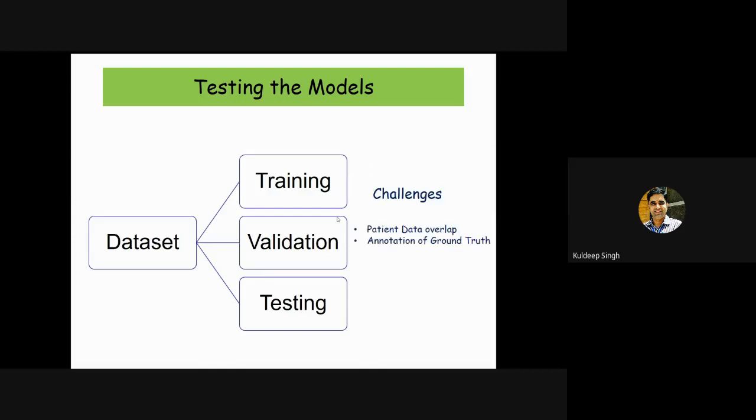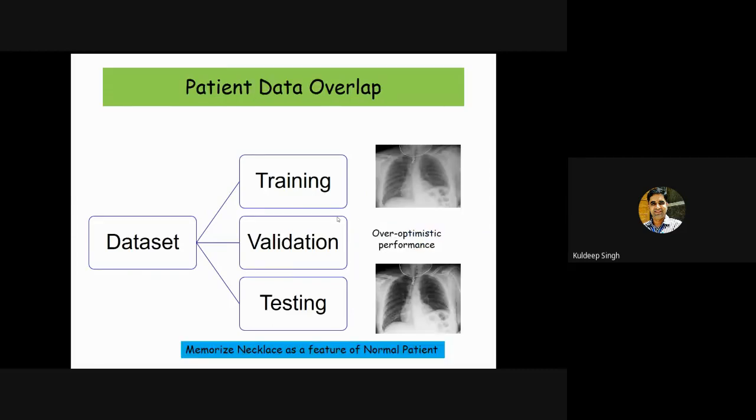What are the different challenges? One major challenge is patient data overlap. Suppose the same data from the same patient is part of training as well as testing. That could be a challenge. Then there is annotation of ground truth, like labeling of the data. Labeling of medical data is a big challenge specifically in the medical domain. So what kind of problem can happen in case of patient overlap?